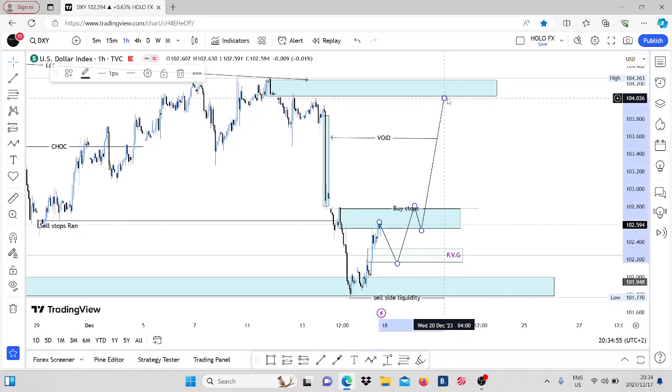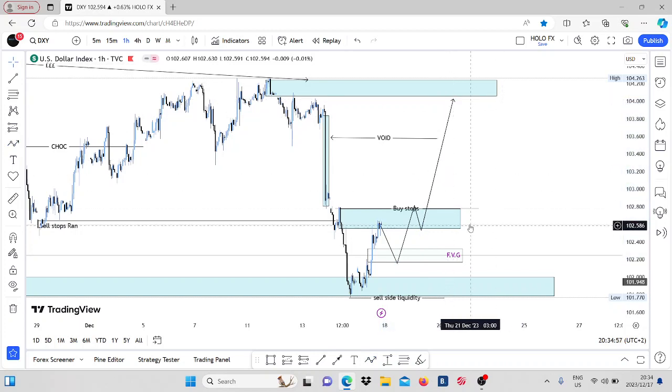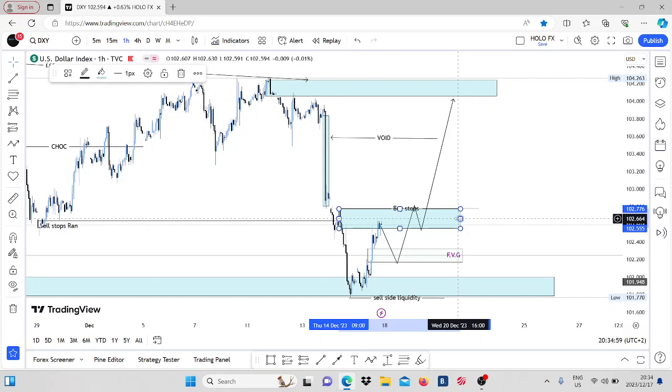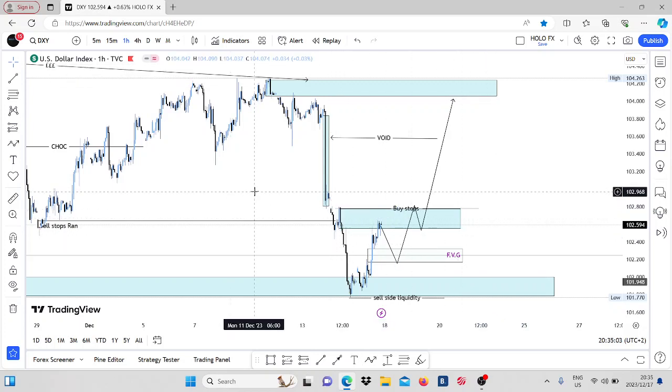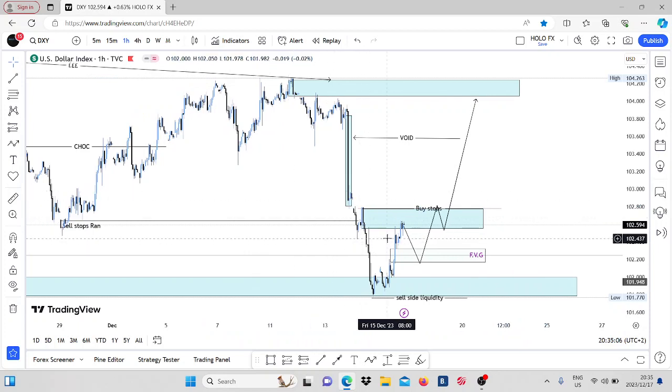This will be a good catalyst to trade it to the long side. Not ignoring that we have a strong order block where price is right now. But the likely outcome is that this void, one way or another, is going to fill.